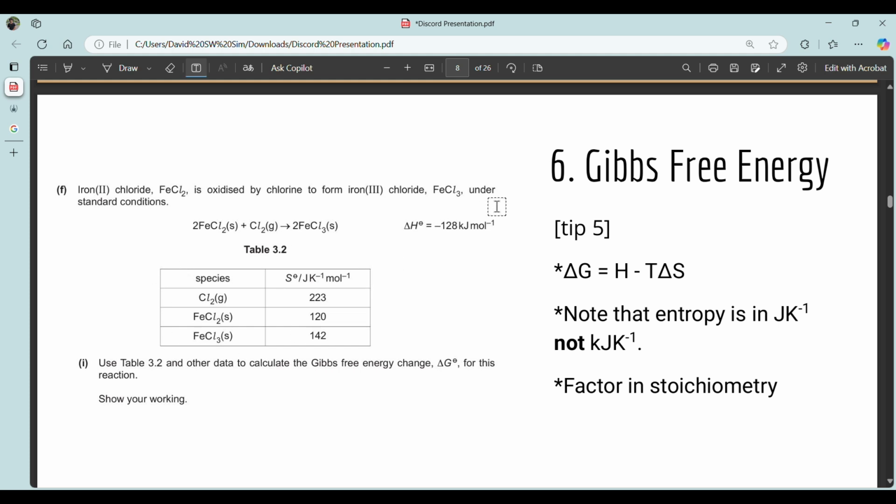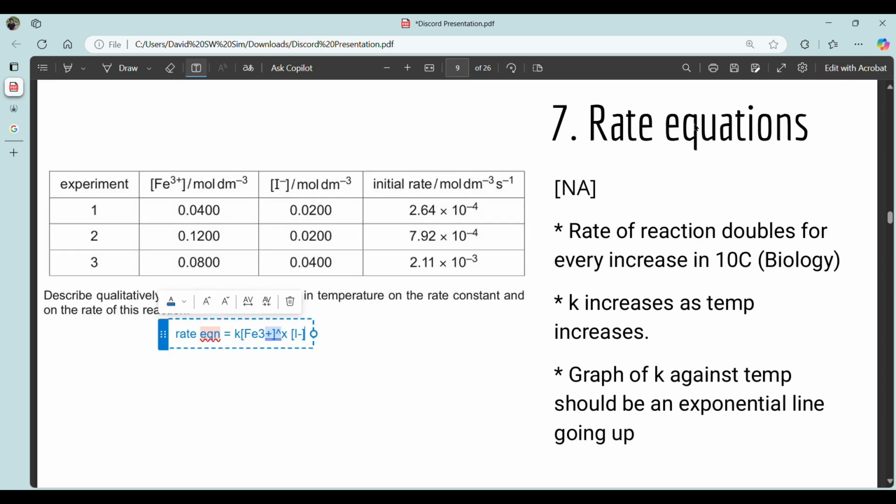I give you about 3 minutes to do this. Concentration of iodide to the power of y. We don't know what the power is, and this is what we have to calculate in the rate equation.